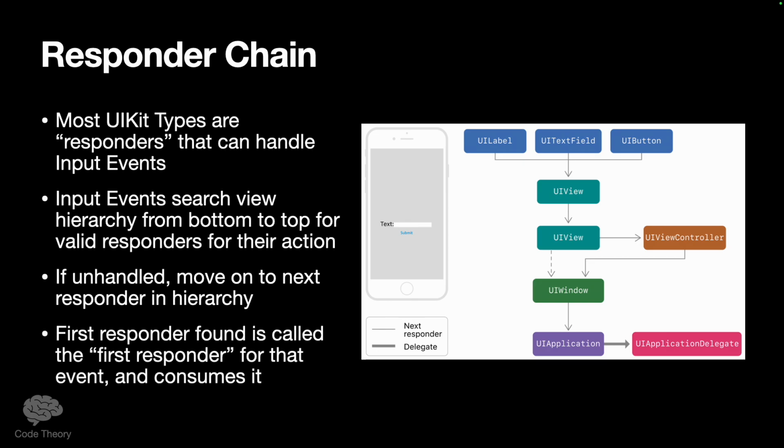This is an actual term they use in their documentation all the time. So if you see first responder in the documentation, what they're saying is the first UIResponder that can actually handle the input correctly.